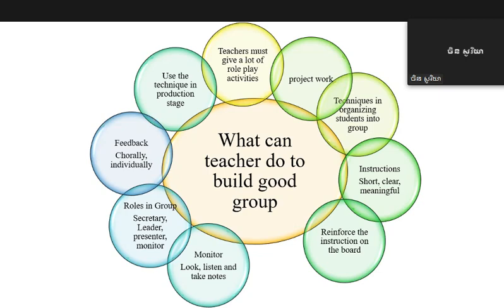Group work is really popular in language teaching, especially with the student-centered approach, and it is very popular around the world, especially in countries that have standard education.